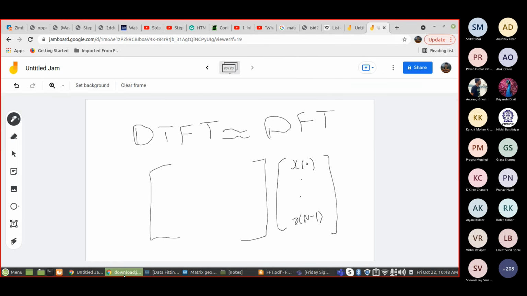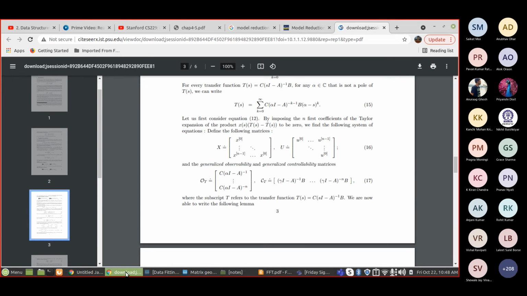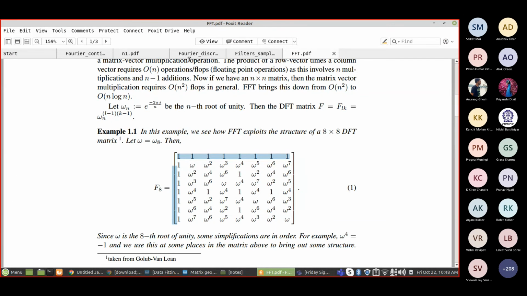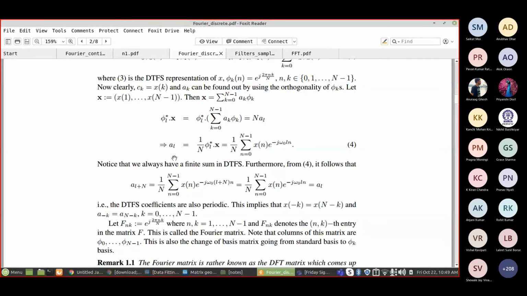Similarly, you can figure out what is the second row. Now you want to find A1. L is equal to 1. So plug in 1 here and just repeat this.